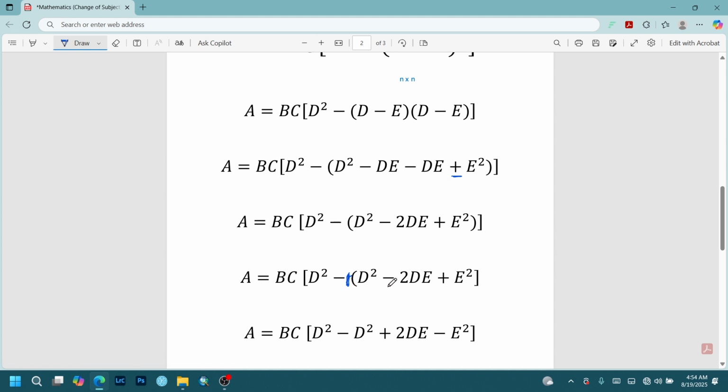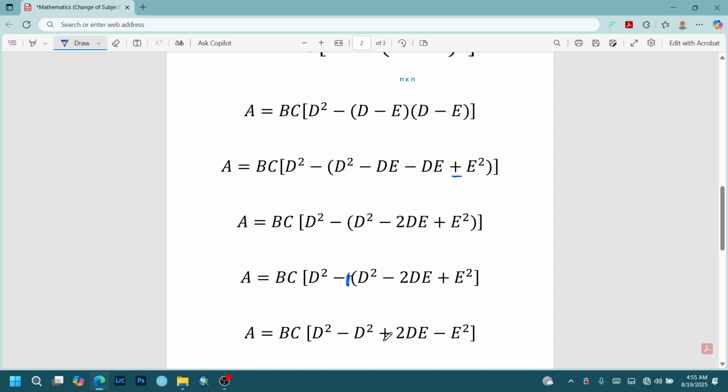Negative 1 here would multiply negative 2DE for us to get positive 2DE. Remember the rule I said earlier: negative and negative together give positive, negative and positive give negative, positive and negative give negative, and positive and positive give positive.